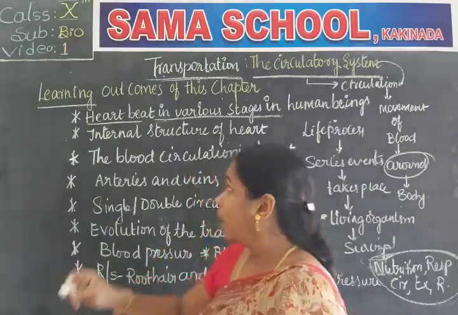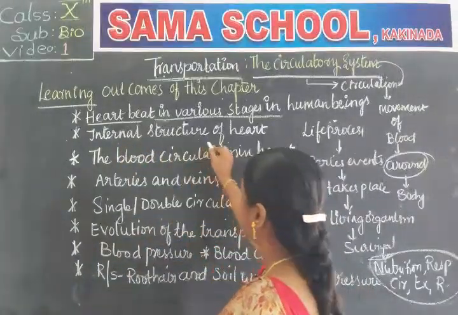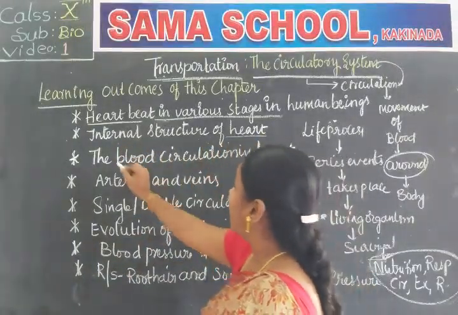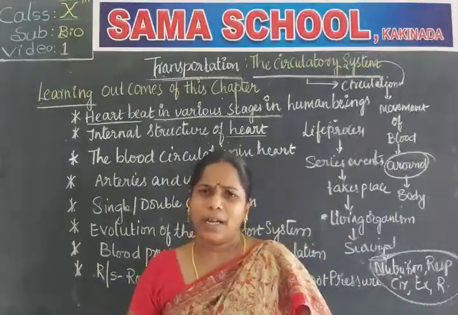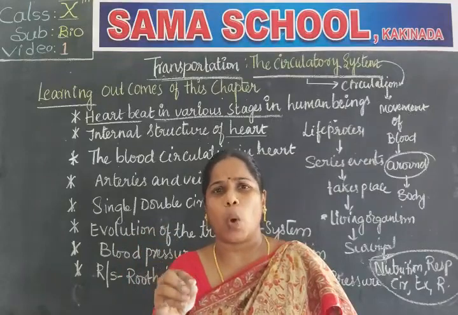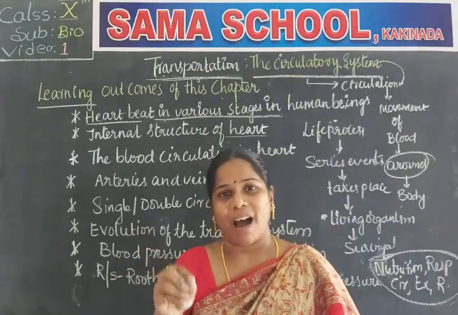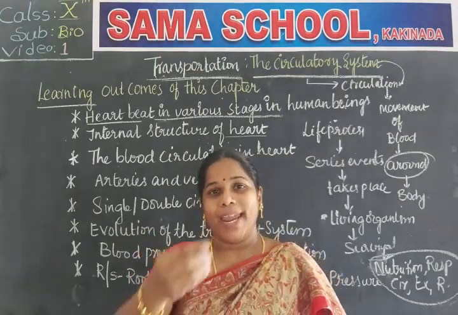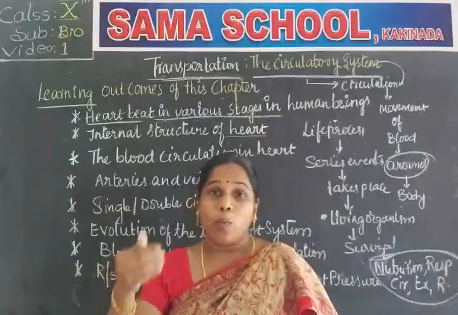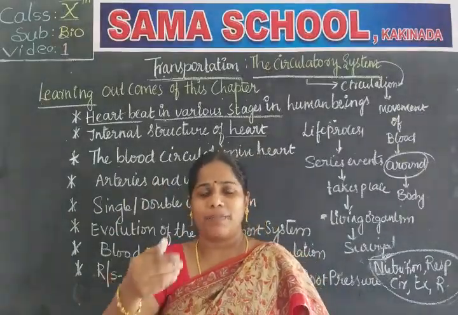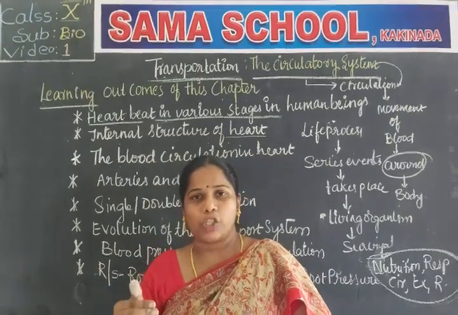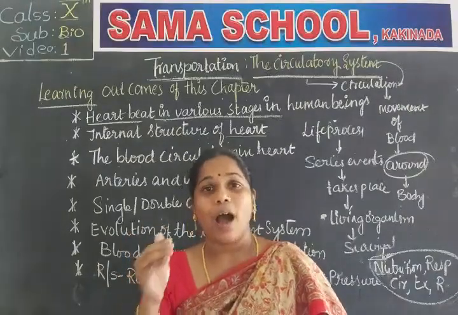Now, here, internal structure of heart, blood circulation in heart. That means here how the blood is flowing inside the heart, in what way it is coming inside, in what way it is going outside. Completely we will learn the circulation inside the heart.